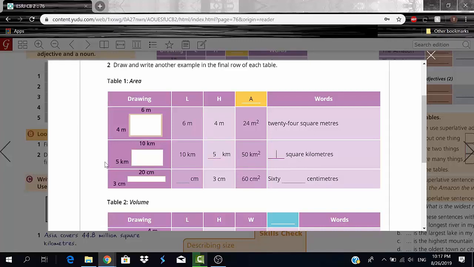So we'll just write down 50, okay, in words. So yeah, and then we have 3 centimeters, that's the height, and here we'll write down 20 centimeters, okay, because that's the length. 60 centimeters squares, or square centimeters. I mean, both are correct. It just depends on how you say it. So square centimeters or centimeters squares.